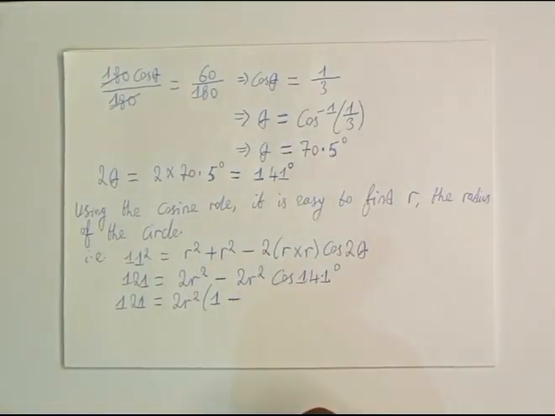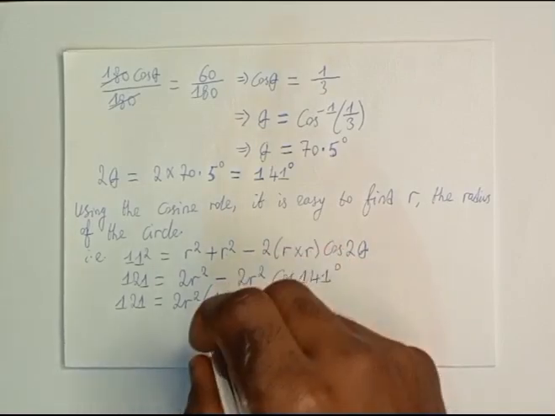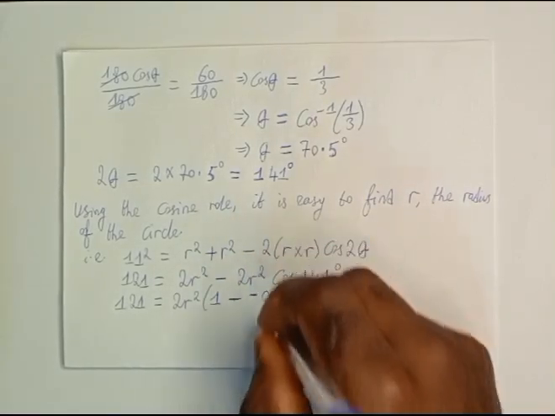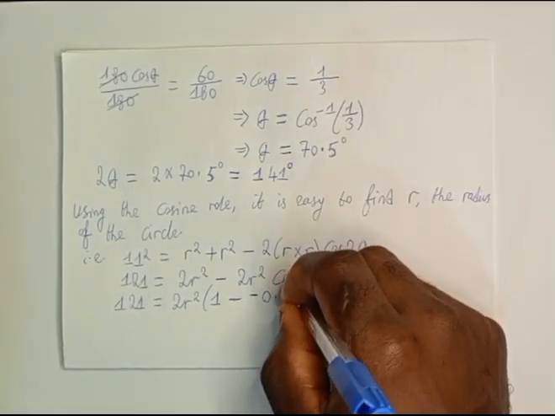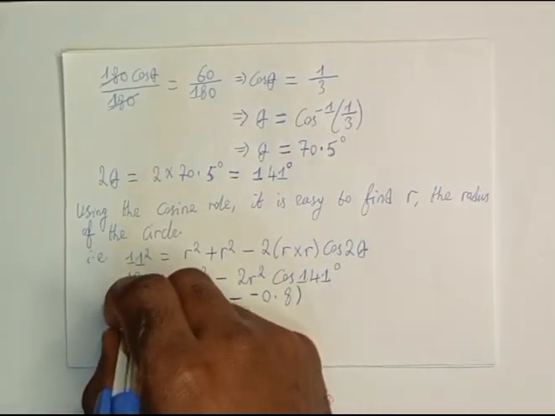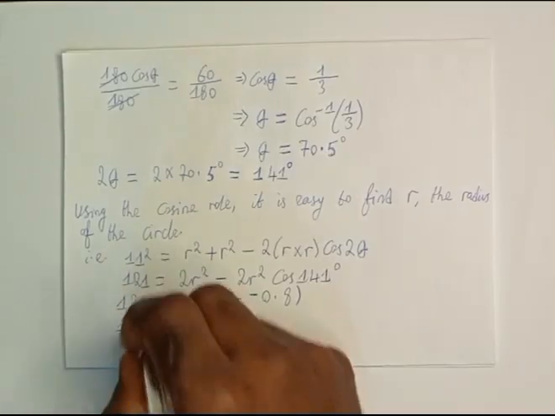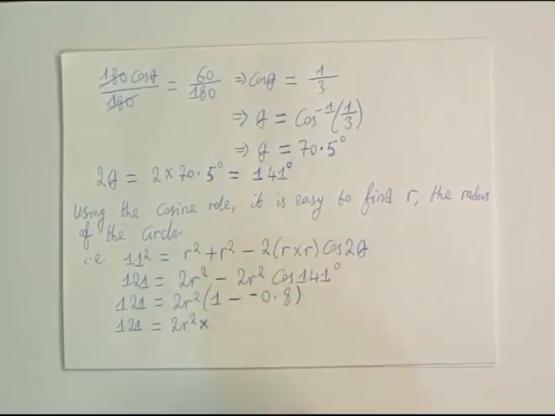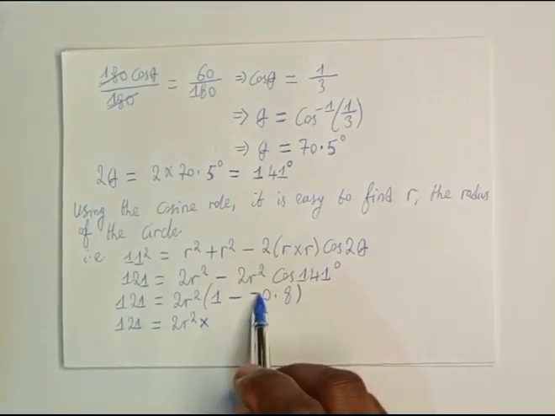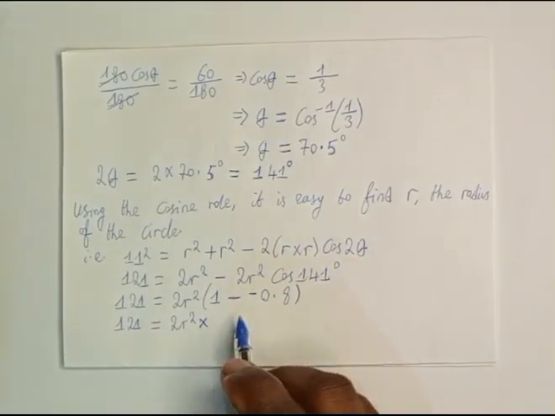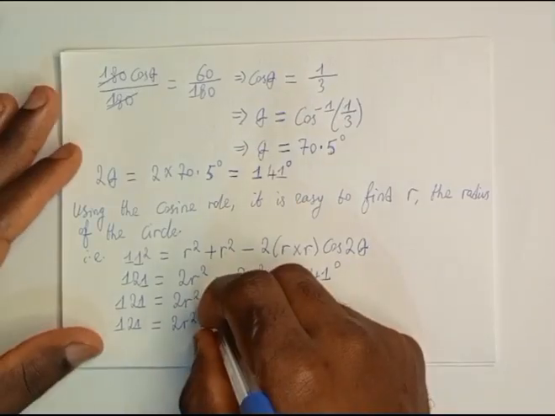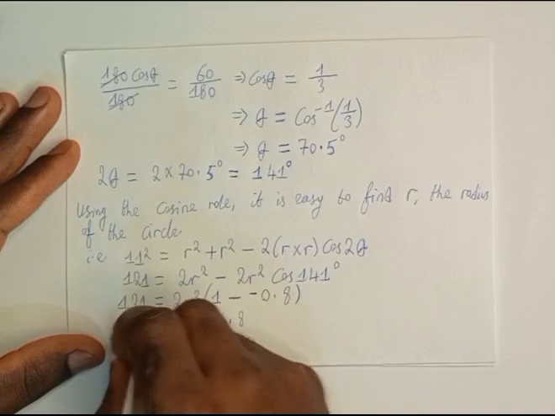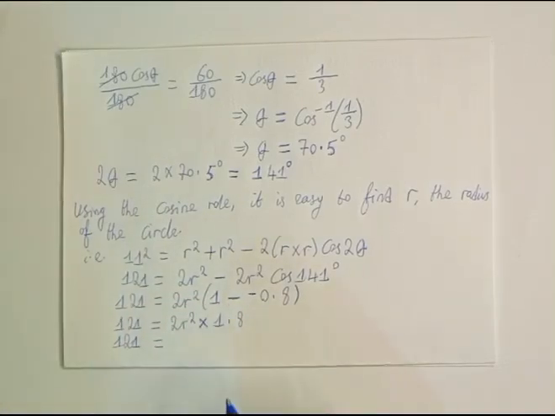It gives us negative 0.8 to 1 decimal place. This will give us 121 to be equal to 2r squared times 1 minus negative 0.8. Negative becomes positive, gives 1.8. 121 will be equal to 2r squared times 1.8.